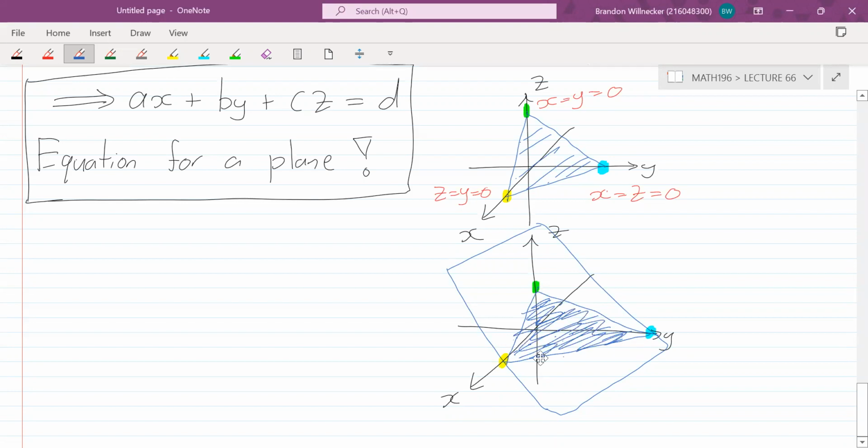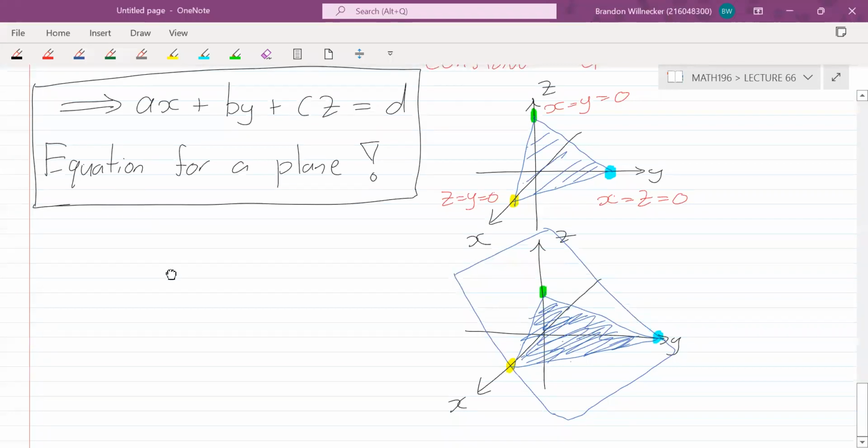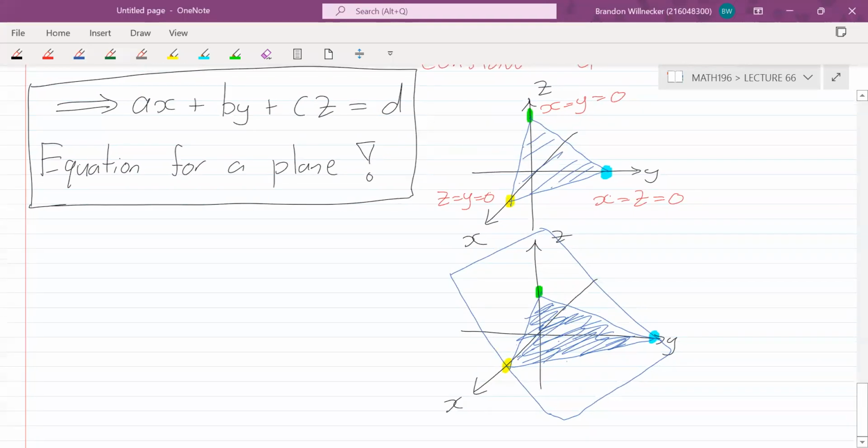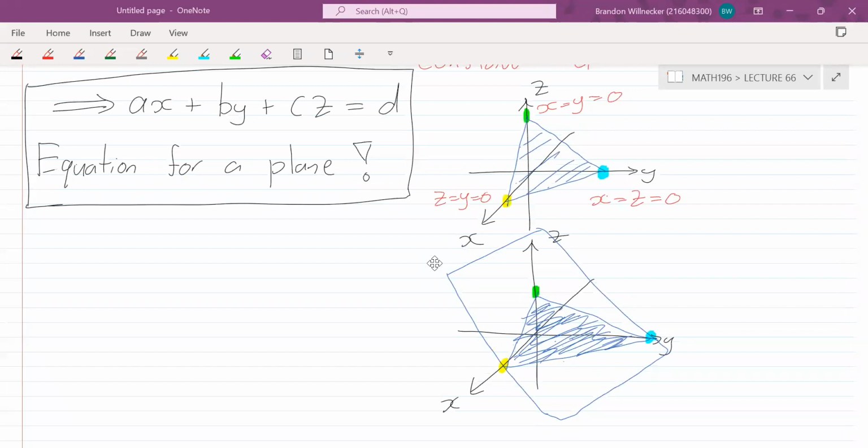But that's enough to show the general idea of where the plane is going. It gives us the angle of the plane and so on. So don't try to draw the full plane. You only need to find the intercepts and then connect them together. That will give you the portion of the plane that we're interested in.